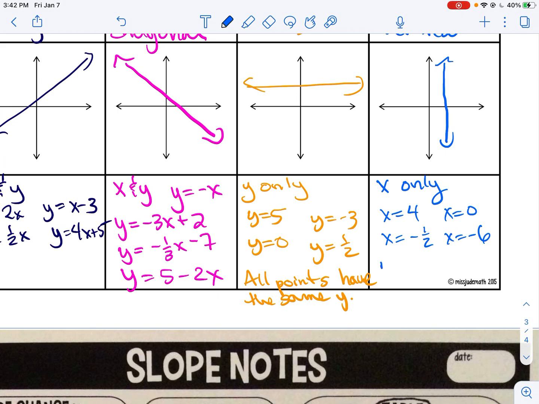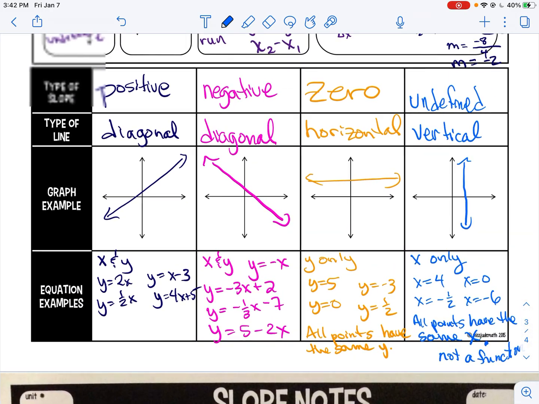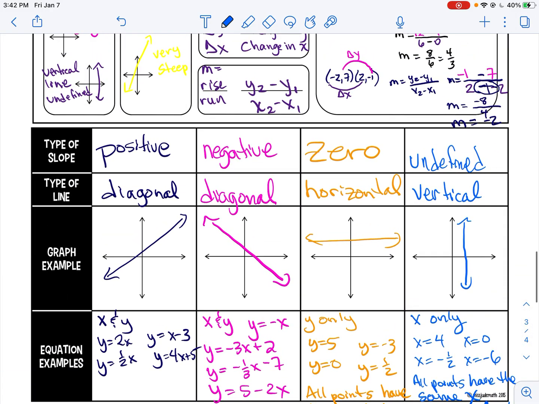Okay? All points have the same x. This is not a function. There we go. I hope that helps.